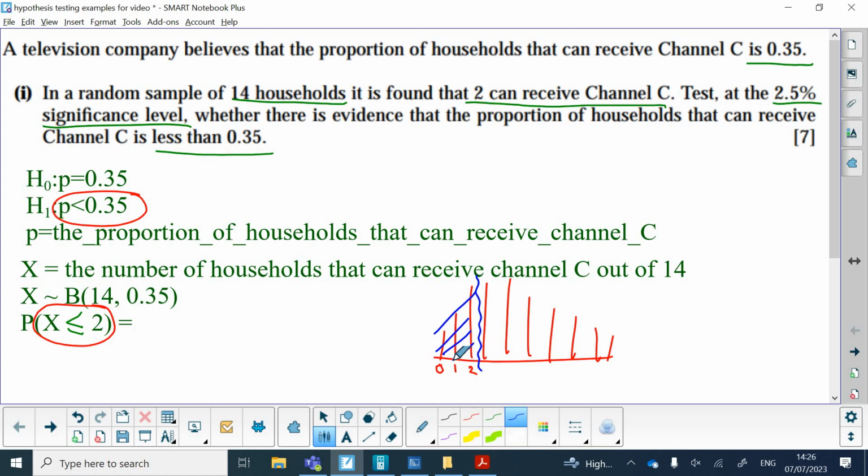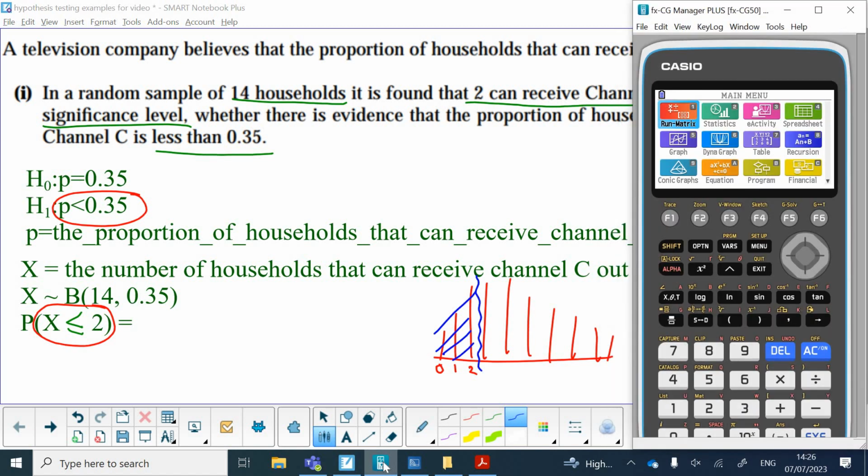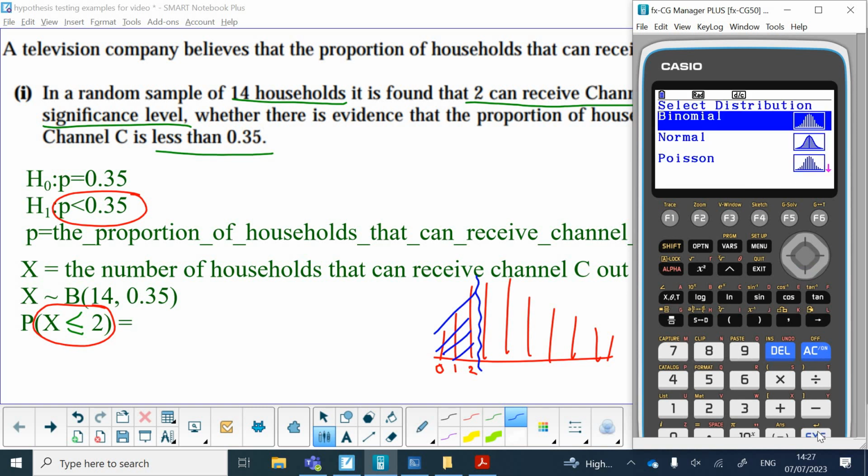So let's get the calculator, and we go down to the distribution menu. We want a binomial distribution, and we're looking in the less than tail, so that's F1. X is, in fact, 2 here. Our number of trials is 14. The chance of success is 0.35.